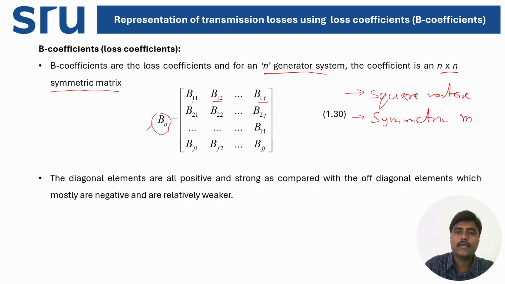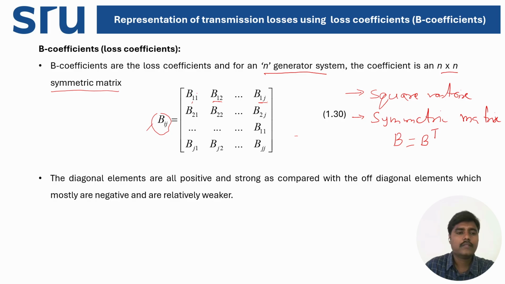Symmetric matrix means that if the matrix is represented by B, then B is also equal to B transpose, and such a matrix is called a symmetric matrix.